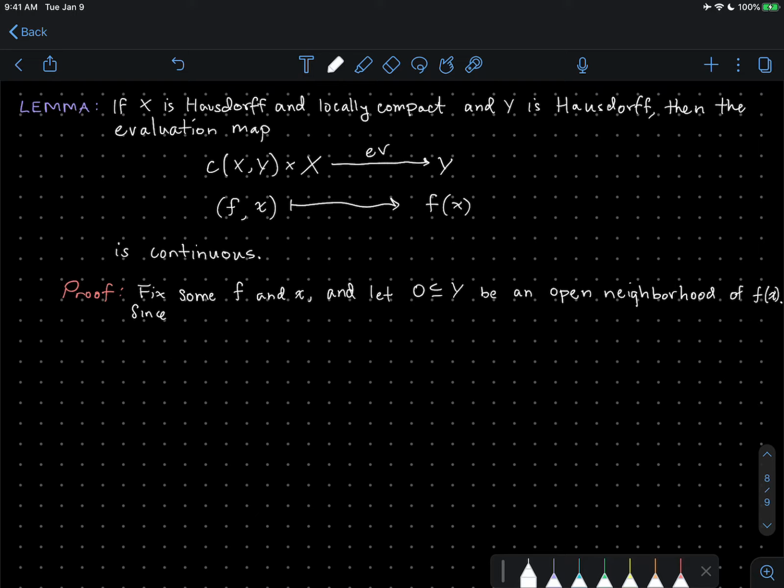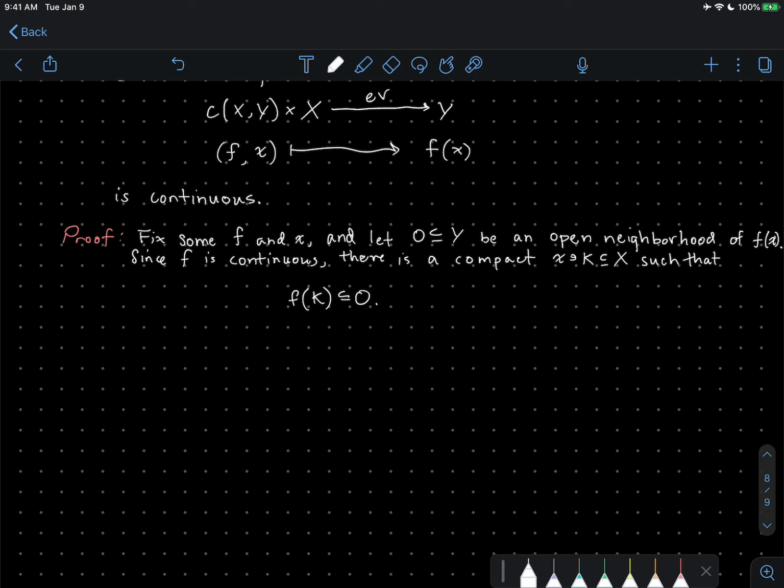So since f is continuous, there's an open subset of X, but because X is locally compact, we can even say a compact neighborhood K that contains little x such that f of K is contained in O.